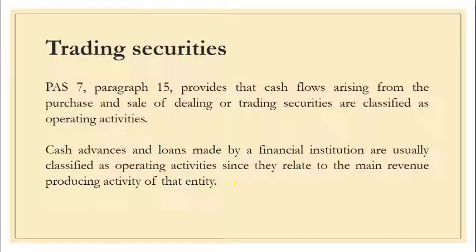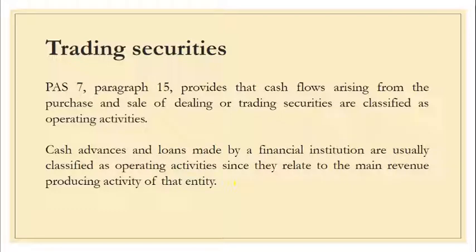Now, this is where the confusion might come in. In determining if it is part of your operating activities, you need to take into consideration the nature of business of your company.